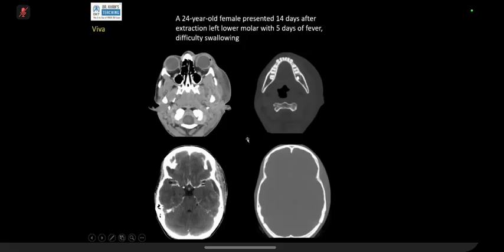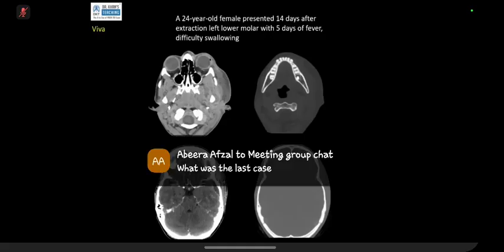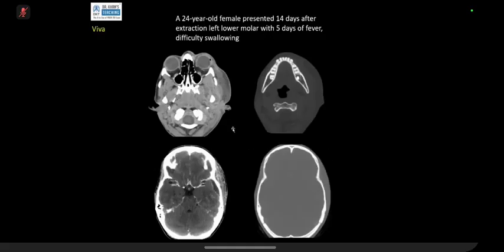I'm presented with a CT scan of a 24-year-old female who has undergone extraction. I can see that there is a lesion in the left infratemporal fossa, which is causing destruction of the underlying zygomatic bone, and it is extending into the left subcutaneous tissue as well.